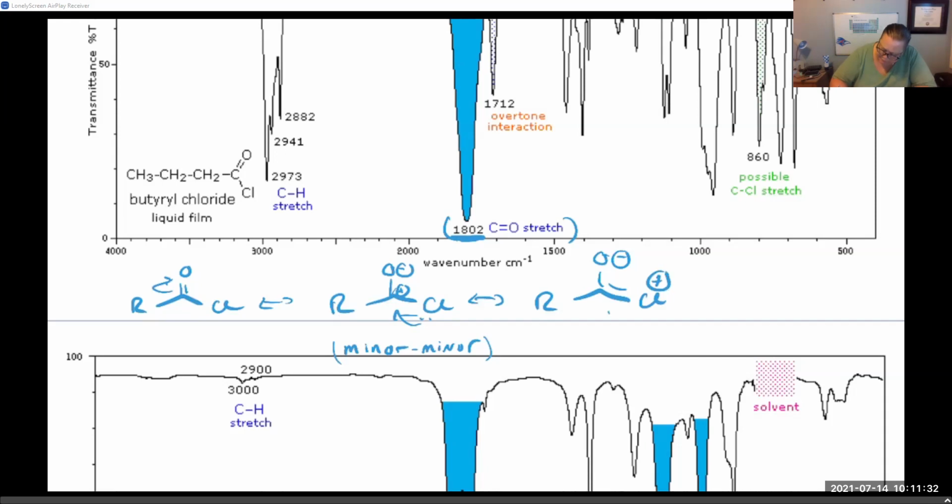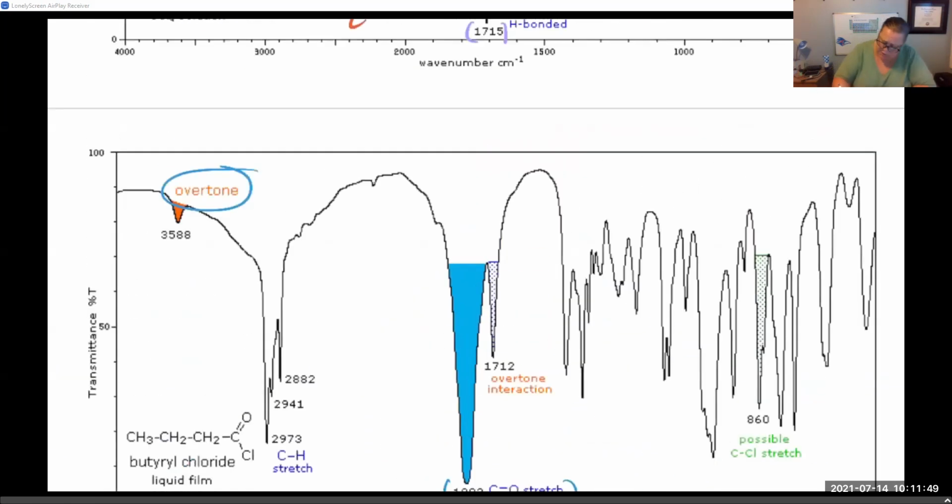We look at this. This is also very minor. And when we see this, we can also see this with the carboxylic acid that we just talked about. We know that carboxylic acids can also form this resonance form here.